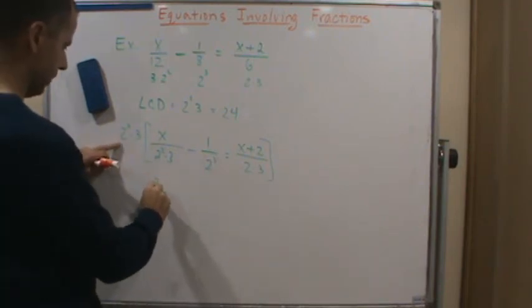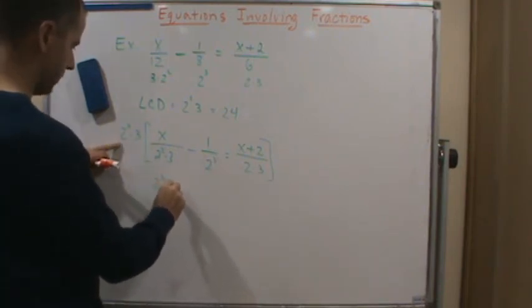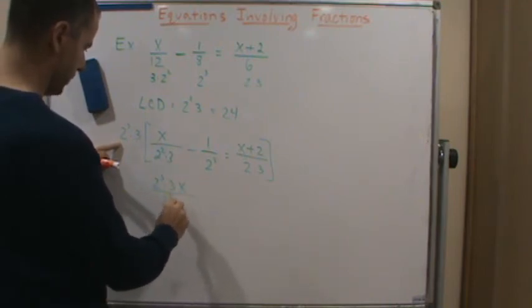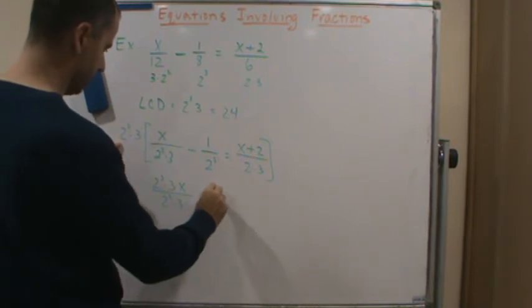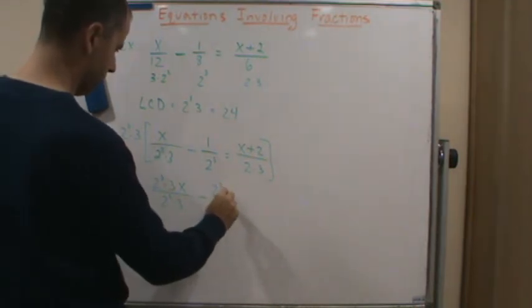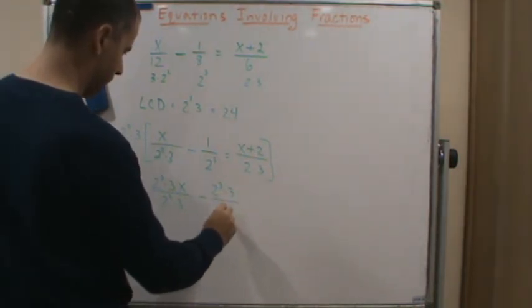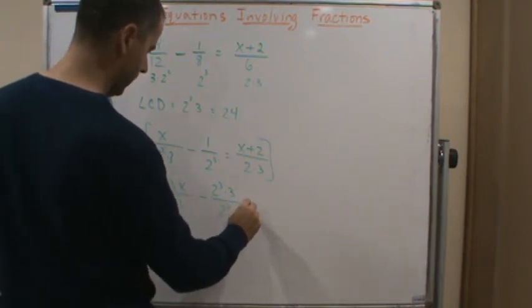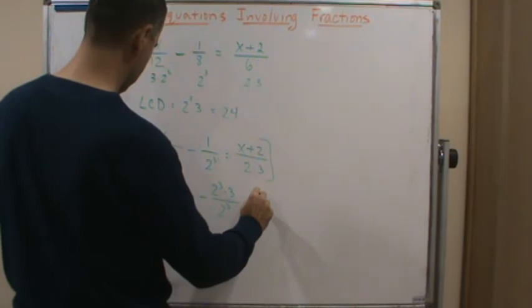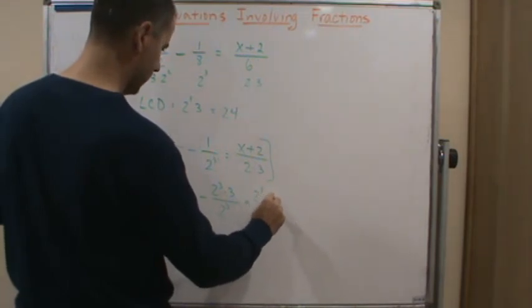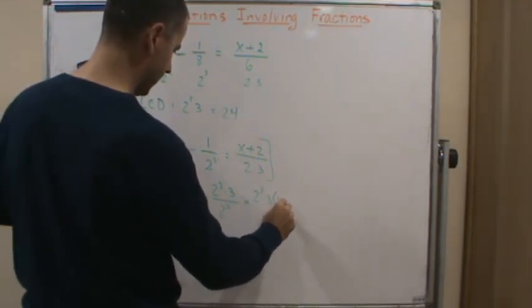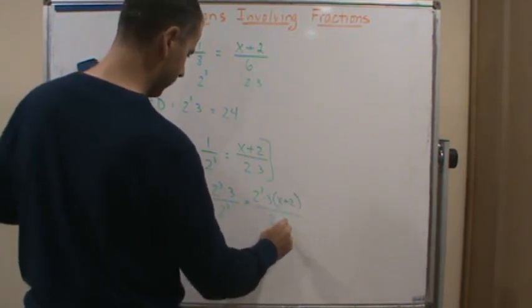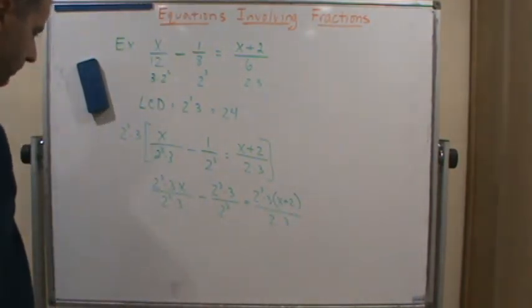I get 2 cubed times 3x over 2 squared times 3, minus 2 cubed times 3 over 2 cubed, equals 2 cubed times 3 times x plus 2 over 2 times 3. Now watch what happens.